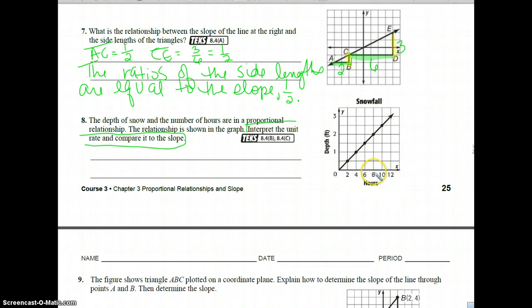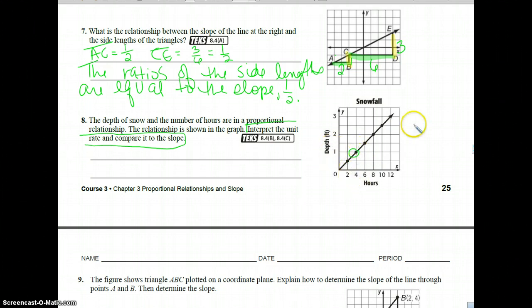So what we need to do first is we need to pick 2 points on here that we can look at, or maybe 1 point first that is on a direct line of whole numbers that could help us. Bryce? 1 and 4. All right, so we have 4 and 1, or 1 and 4.